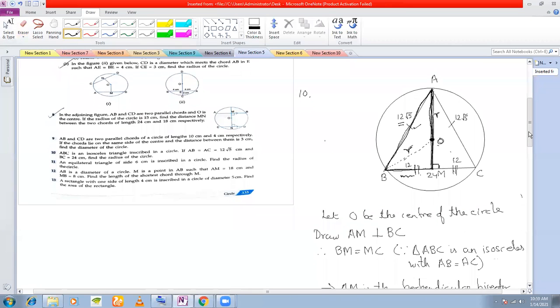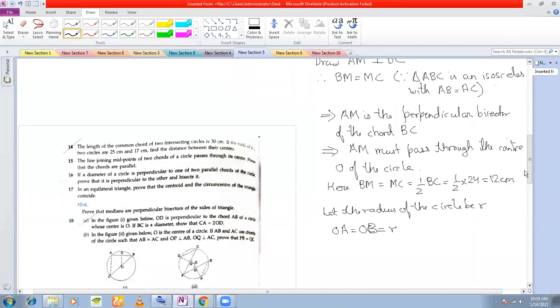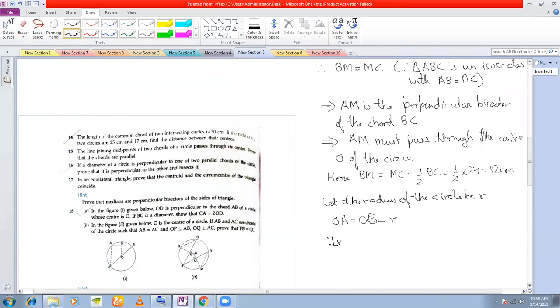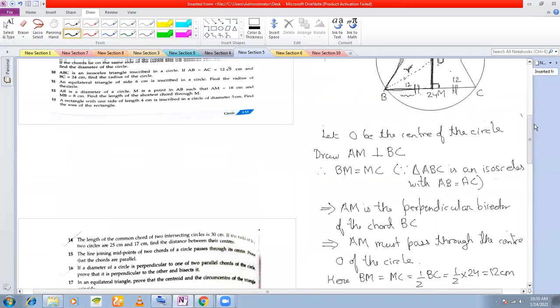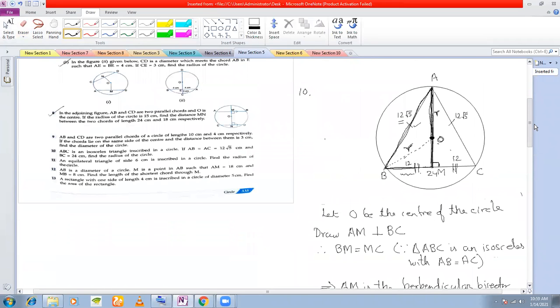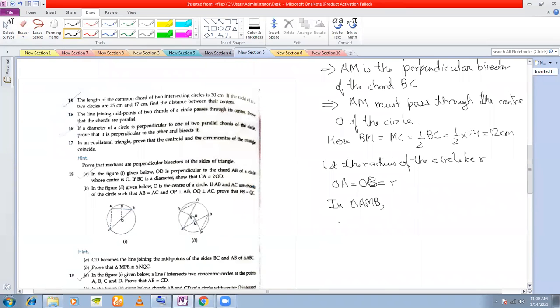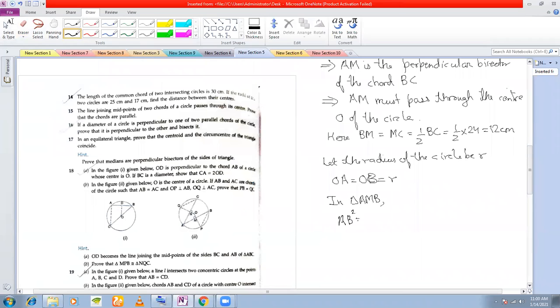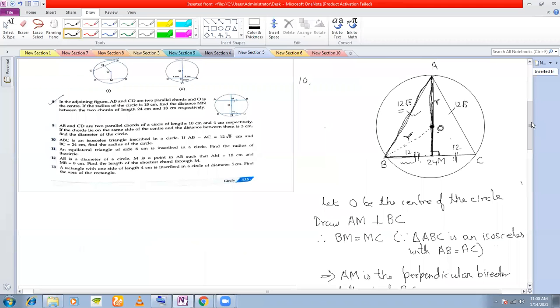So we write in triangle AMB, hypotenuse is AB. So AB square is equal to AM square plus BM square. You know that the length of AB here is given to be 12 root 5.